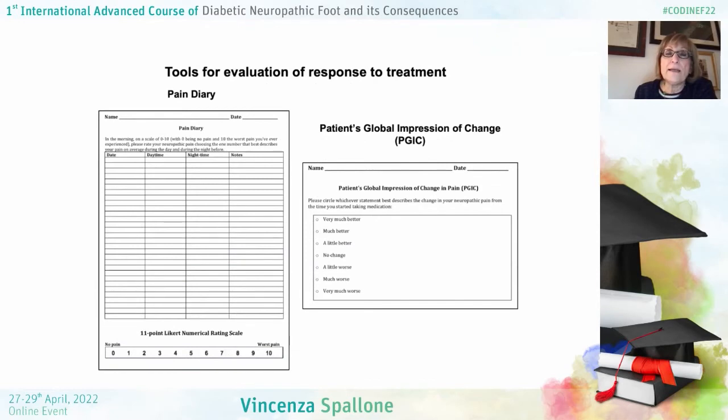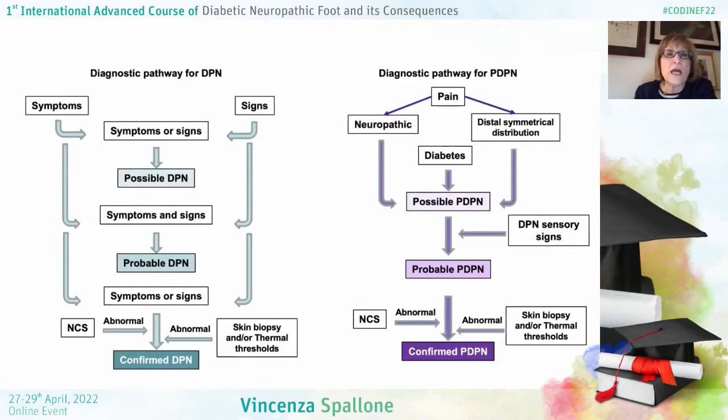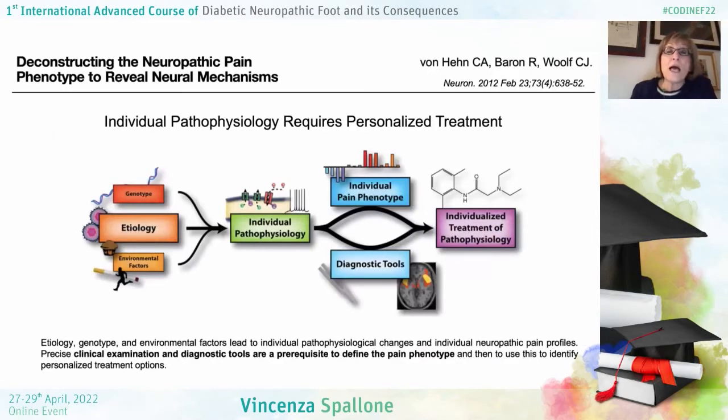And finally, pain diary and another questionnaire, patient's global impression of change, can be useful to assess the response to treatment of patients. So here we have the two diagnostic pathways in comparison and the 3 different levels of diagnostic grade of certainty.